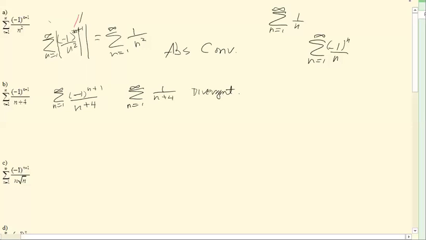It's the same thing as the harmonic series, but it's lost a couple of terms. If we just looked at this, we would see the first few terms: 1 over 5 plus 1 over 6, etc. So it's the harmonic series minus the first 4 terms, 1, 1/2, 1/3, 1/4.